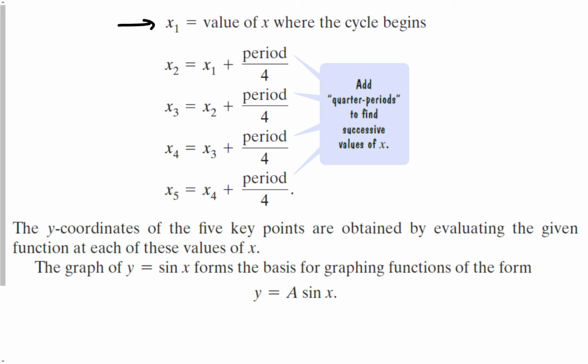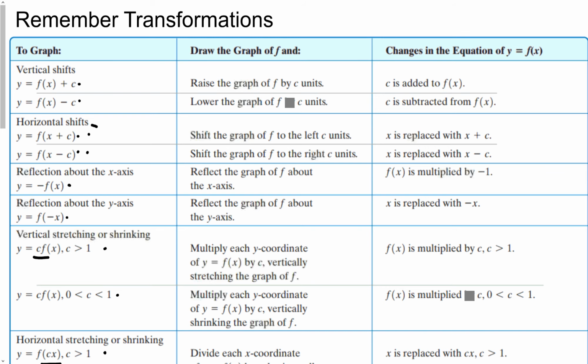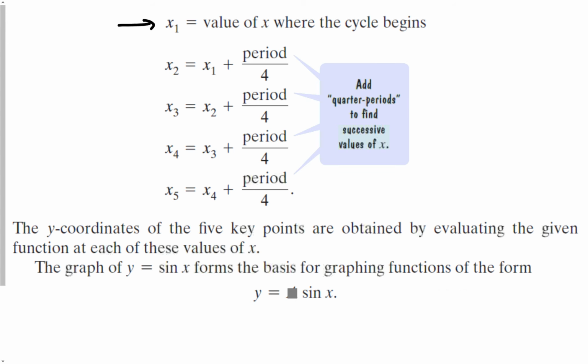For now, we're going to start it at 0. Eventually, we are going to shift the function, left or right, but we'll get there in a minute. Then every key point comes a quarter of the period later. This would be the beginning and intercept.